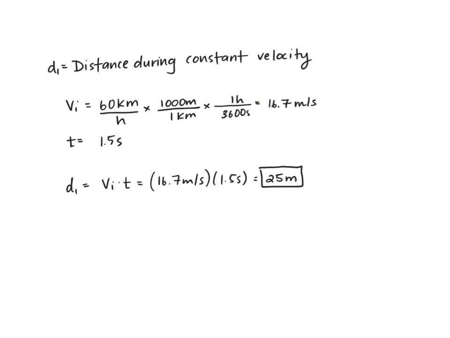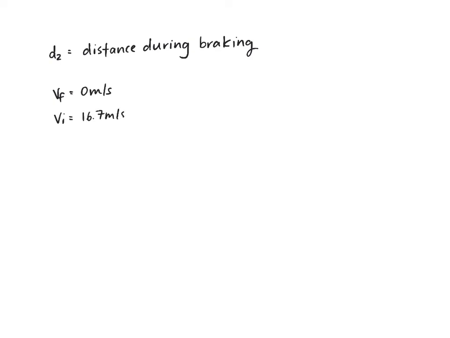Next, we're going to call this D2, and this is the distance during braking. We know that our final velocity is going to be 0 meters per second because we come to a stop, and our initial velocity is 16.7 meters per second. We were told that the car is going to decelerate at -6 meters per second squared.